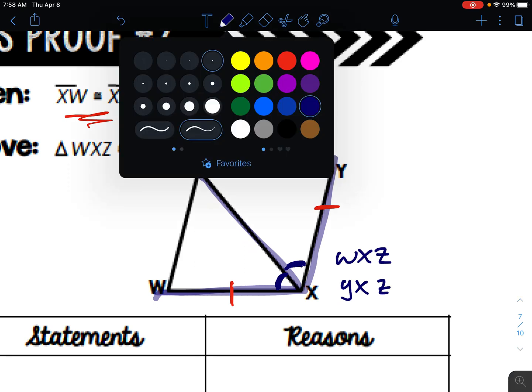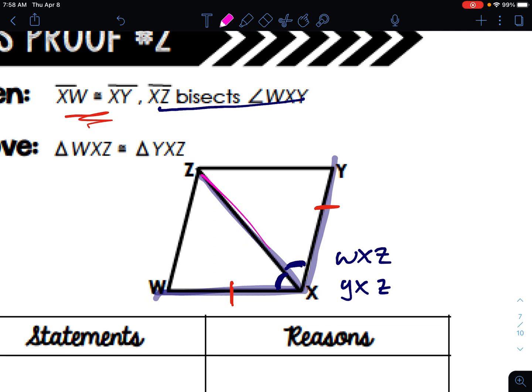Those two angles are going to be congruent. Then we have, again, connected at a side, so we can say the reflexive property. So now I have side, angle, side.